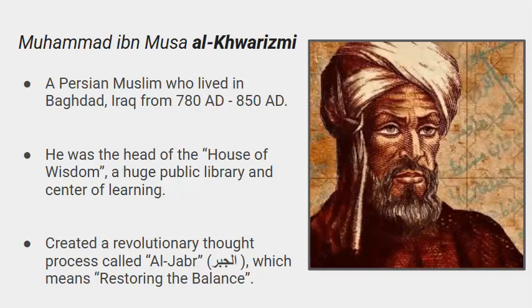And Algebra means restoration. And in this case, he's saying restoring the balance. His process, known as Algebra, which is an Arabic word meaning restore, got translated into Latin and then moved into Europe. And that's when people called the process that he invented algebra.